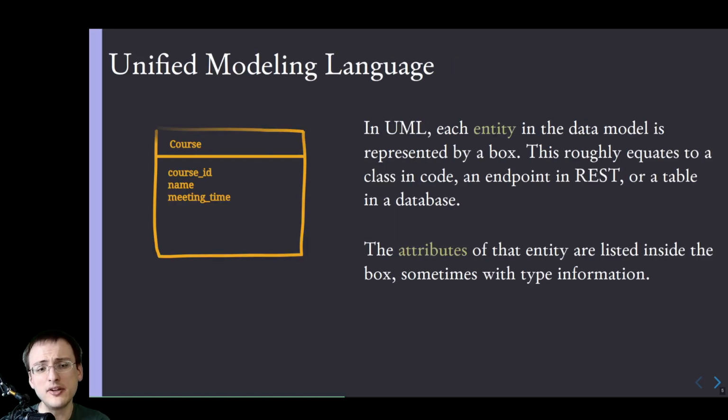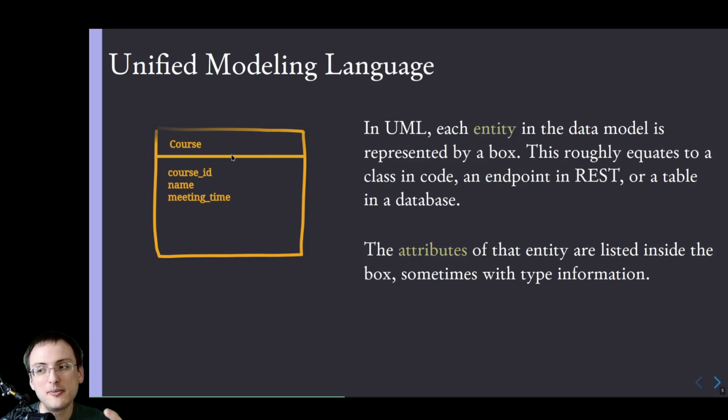In UML, each thing that you're representing is what's called an entity. And we represent these entities with boxes. One easy analog here is each box is sort of like a class from an object-oriented program. We've got a name for this thing, like I have this example here, which is a course.